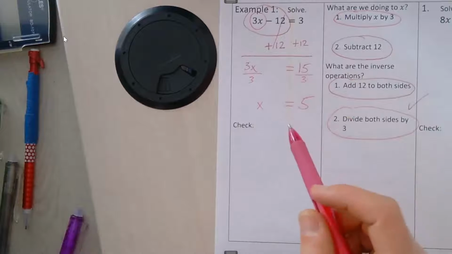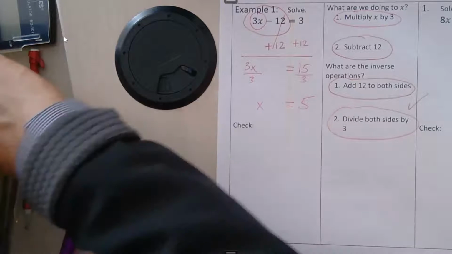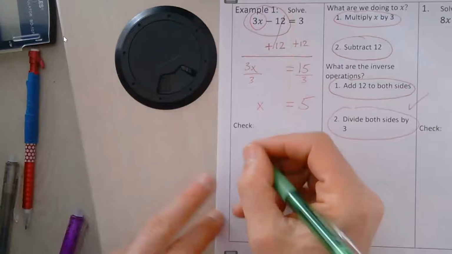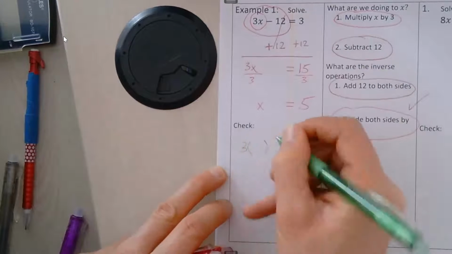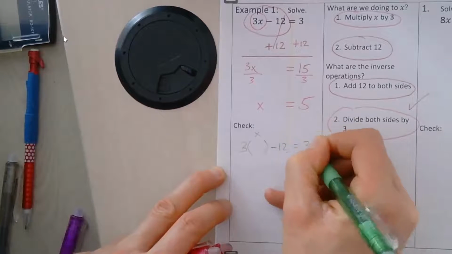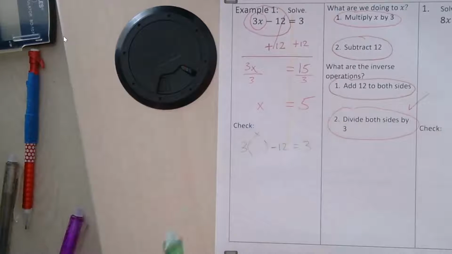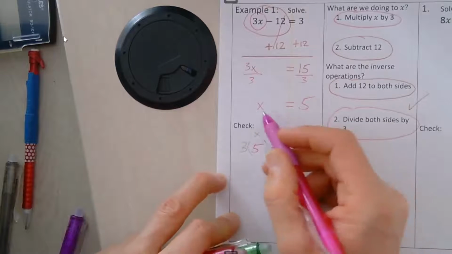Now what we need to do is plug in 5 to make sure that our answer was correct. So I can rewrite my equation, but I'm going to leave parentheses where the x is, 3x minus 12 equals 3. And we're going to substitute in x equals 5, because that's what we got for our value of x.